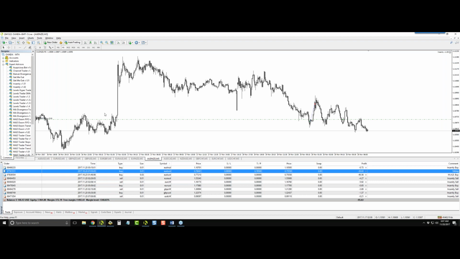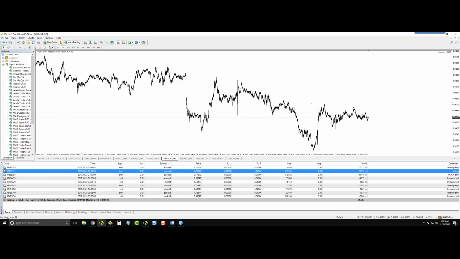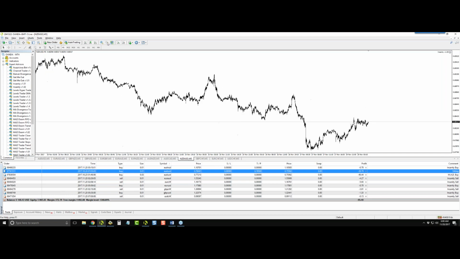I don't do very much discretionary trading, because I am pretty lazy and I prefer just to have the robots running in the background. Look at that, the Australian dollar, Canadian dollar took a trade last night. That went pretty well too. Sweet.